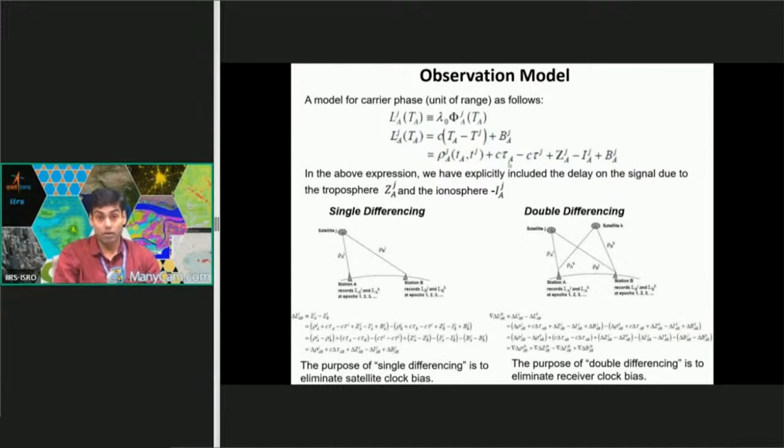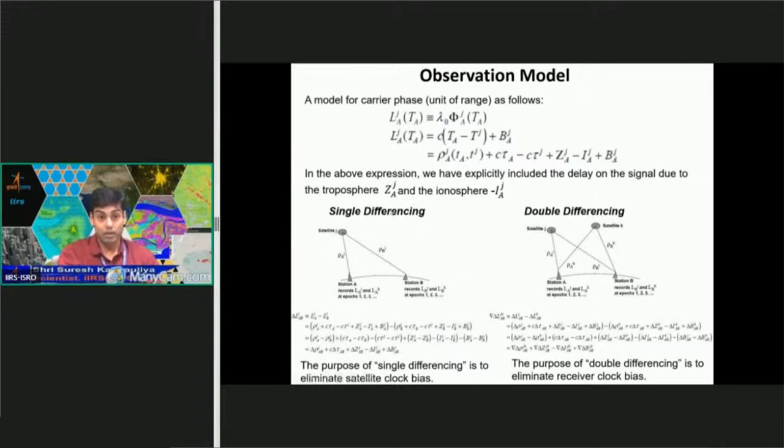So this is the final formula. These are the clock errors, and these are the errors due to the troposphere and ionosphere, and the last term is the error due to multipath, non-tectonic and tectonic errors. We will discuss them later on.